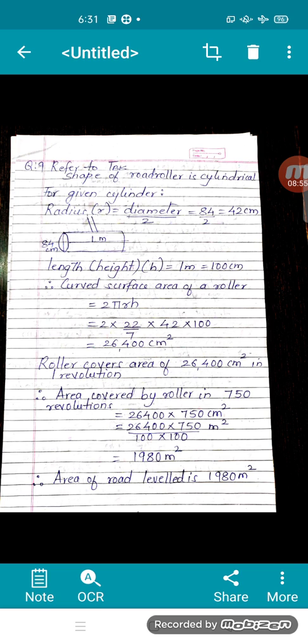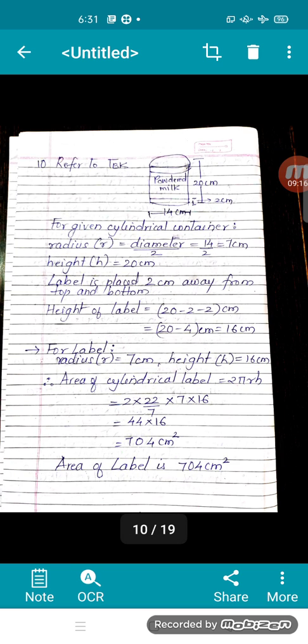Length is 1 meter, that is 100 centimeter. CSA of the roller will be 2 pi RH. Now the roller covers an area of 26400 centimeter square in one revolution. So area covered in 750 revolutions will be this multiplied with the area. So you get 1980 meters square.